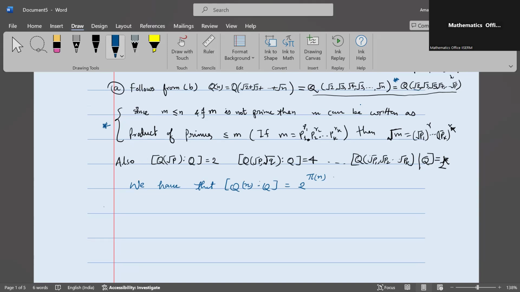That is what's written here: 2, 3, 5, 7, and up to p, which is the prime just less than or equal to n. So this is 2 power 2, this is 2 power 1. The number of distinct primes you attach counts the degree of extension, 2 power that number of times.